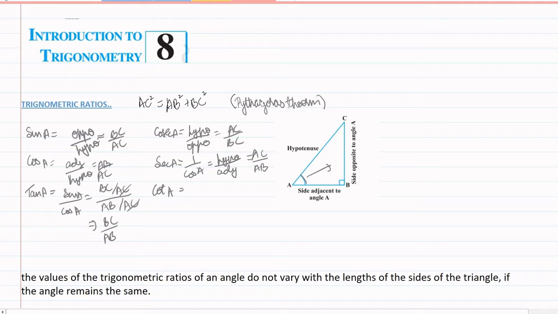Now we all know that cot A is the reciprocal of tan A, so cos A divided by sin A is equal to AB divided by AC, divided by BC divided by AC. AC gets cancelled, and you get AB divided by BC. So these are the ratios you have to remember.